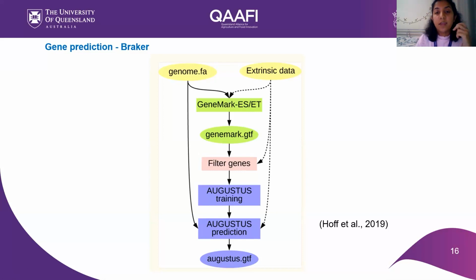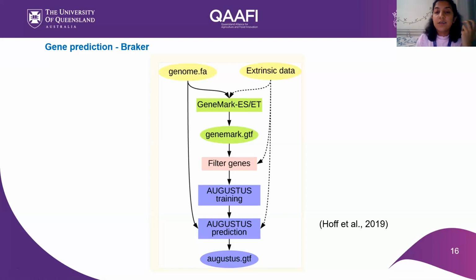That means it can be trained by itself on a genomic sequence that GeneMark has not previously been trained for. But if we provide extrinsic data, it also can incorporate this extrinsic data in the BRAKER pipeline. This extrinsic data can be either proteins, expressed sequence tags, or RNA-seq. Here we provide the RNA-seq as the evidence.